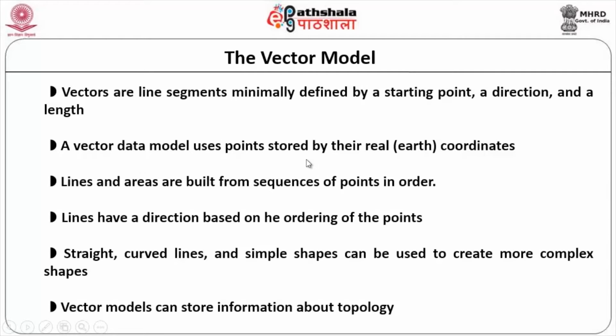Otherwise it will be very difficult to retrieve the data back. Lines and areas are built from a sequence of points in order. A line has a direction based on the ordering of the points, whereas straight lines and curved lines all depend on how you create them.